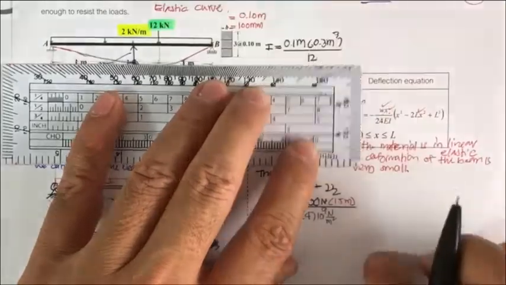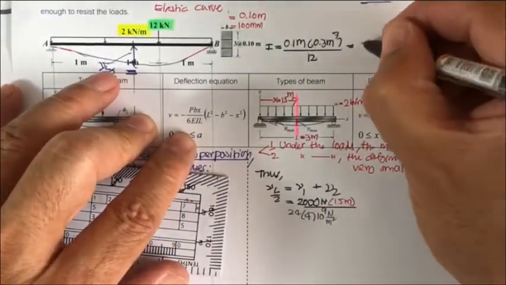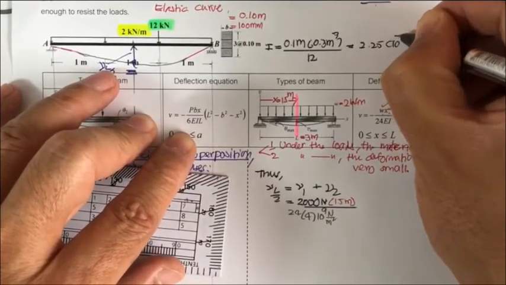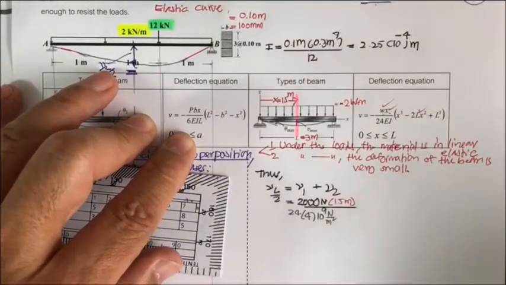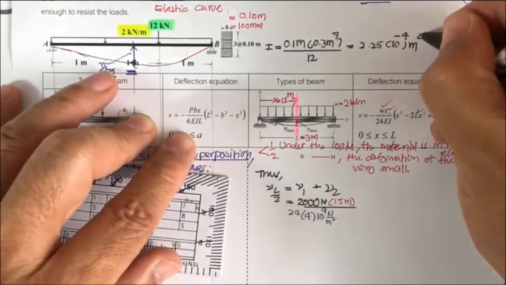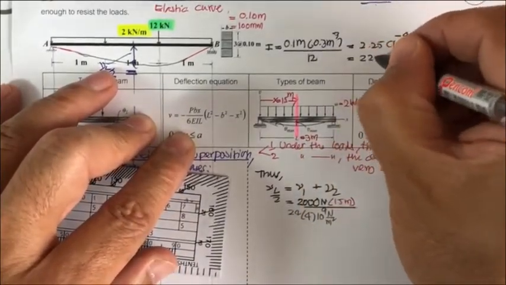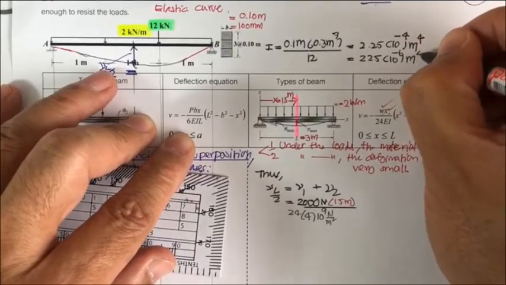If you put it into your calculator, you may get 2.25 times 10 to the minus 4, and the unit must be meter to the power 4. Then you may get 225 times 10 to the minus 6 meter to the power 4.